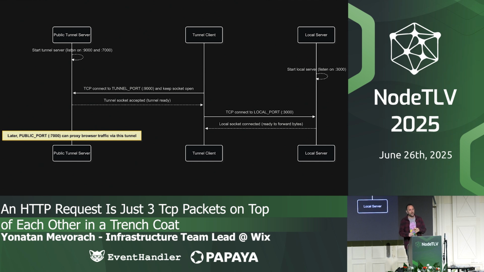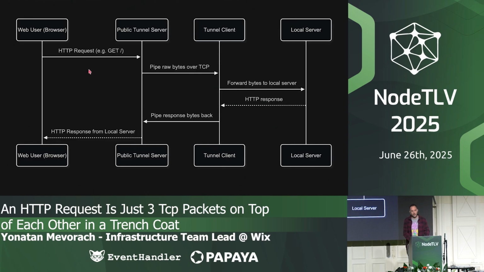Before we start getting the HTTP request from the public internet, we're going to make a TCP connection from the tunnel client running on my local machine to a public server of a service like ngrok, and create a connection between the two, and we're going to keep that connection open. Then when there's an actual HTTP request that we want to proxy to our local server, it's going to go from the browser or the external service to the public tunnel server.